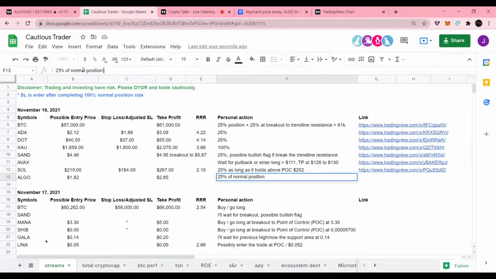And you can see that I'm using different sub accounts or accounts, isolated wallets. I mean, we have normal position size. So mostly it's 25% except BTC, Ethereum, and Litecoin.